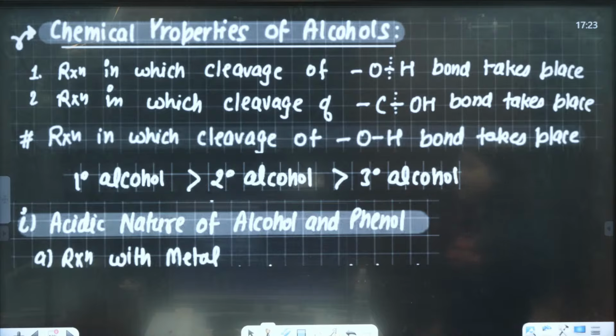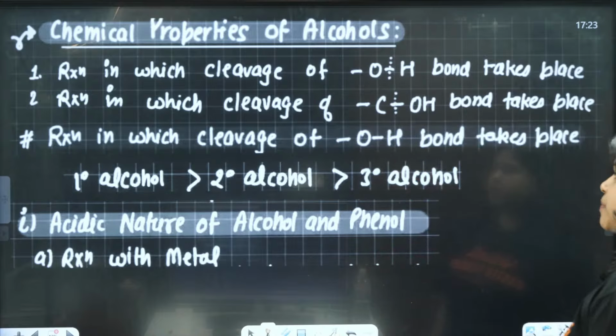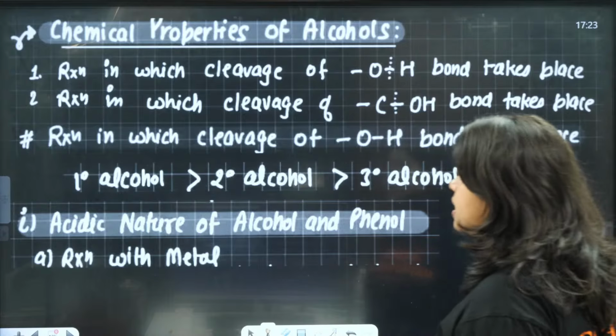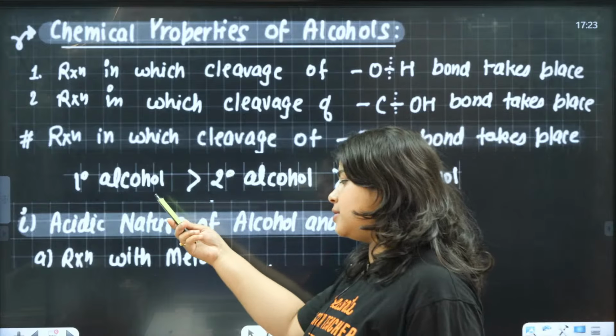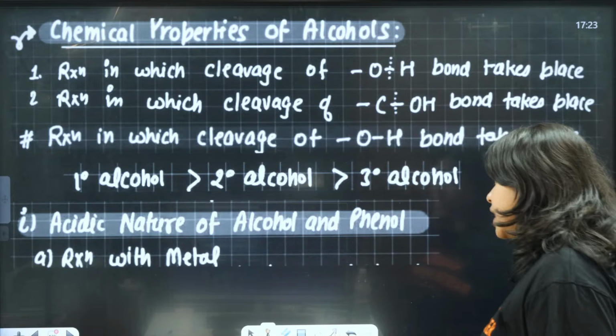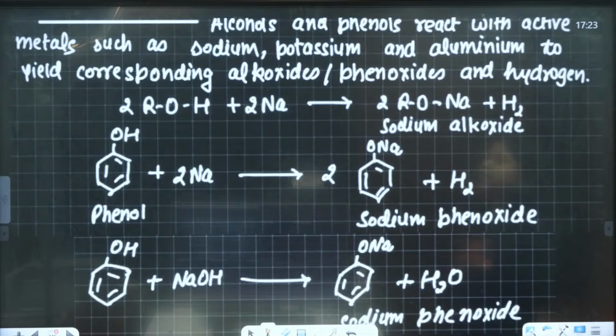Next comes the chemical properties of alcohols, that is, reactions involving the cleavage of the OH bond. The order is primary greater than secondary greater than tertiary. First is the acidic nature of alcohols and phenols, that is, reaction with metals.